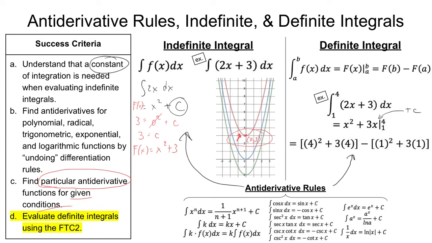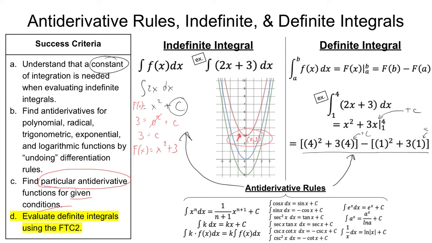Then 4 to 1 for the notation. If you plug in 4 and then plug in 1, again we need to have c's here, plus c, plus c. When you do the rest of the math, you would get your final answer to the definite integral.